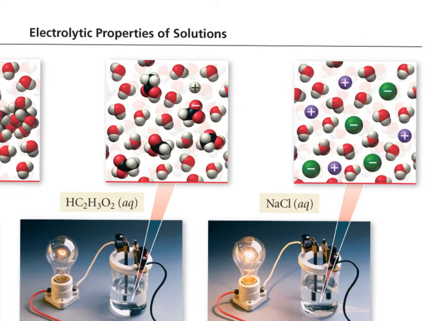It's got kind of a positive and a negative end to it, partial positive, partial negative. So the oxygen here would be slightly negative, and if this were correct, you'd expect that oxygen to be pointing to the positive part of it. Okay, and then sodium chloride, you get 100% dissociation of sodium chloride.